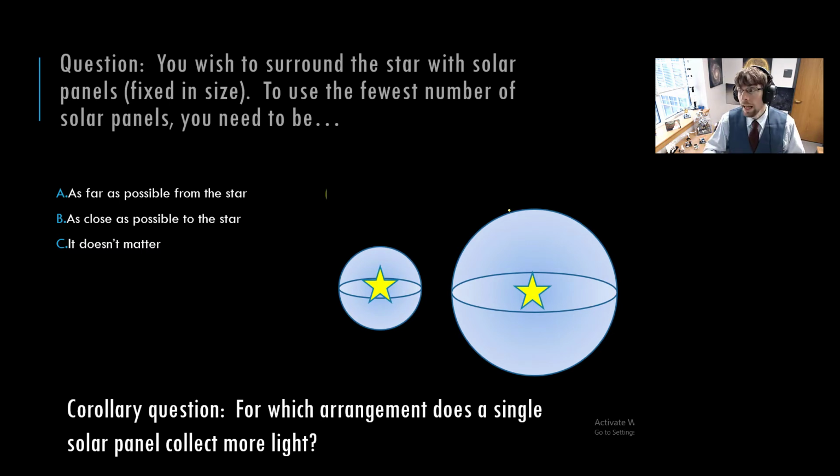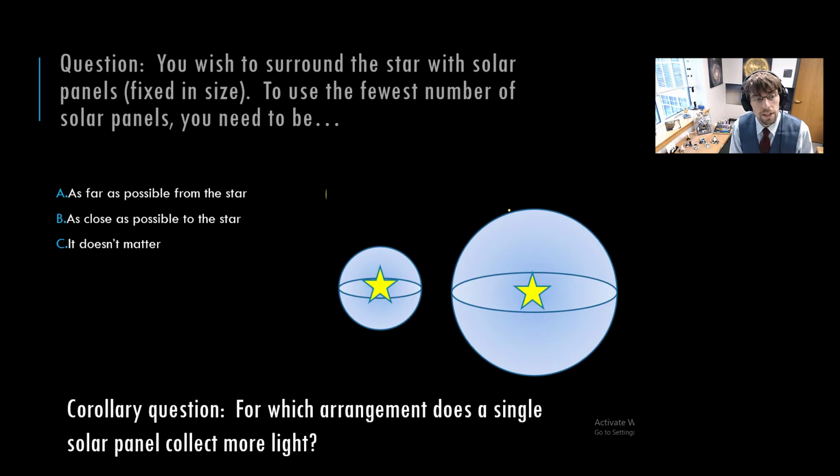Next question. And now we're going to start getting a little bit of quantification in here. In order to do this next question, I would like to know how much more light. Okay? So we're going to start using numbers. The thing that I need to provide for you is the equation that gives you the surface area of a sphere. So let me give you that equation.